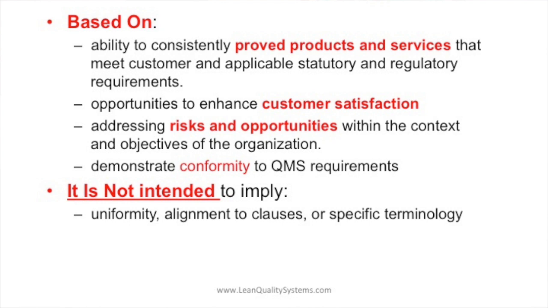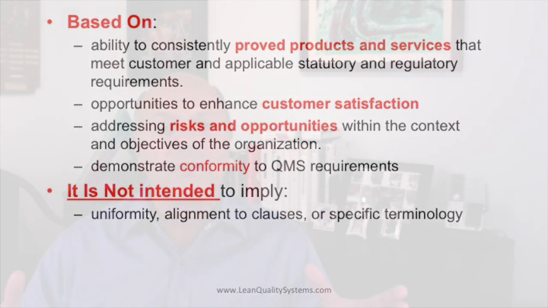It's not intended to imply the need for uniformity, alignment of clauses, the use of specific terminology. It doesn't require that. What it requires is that you establish a good management system to produce good products to your customers, to provide customer satisfaction.